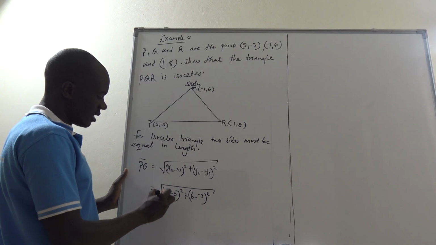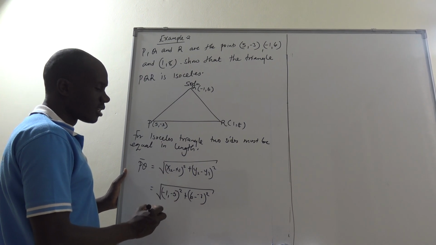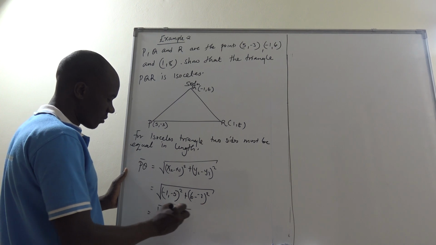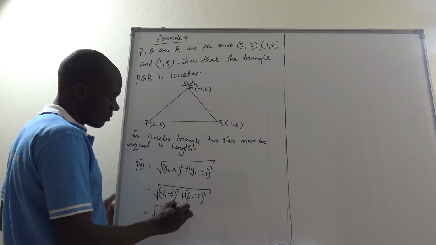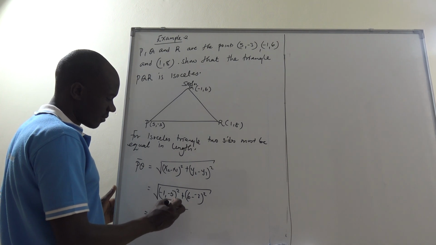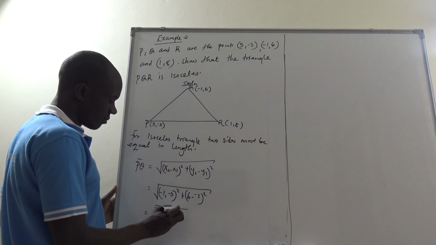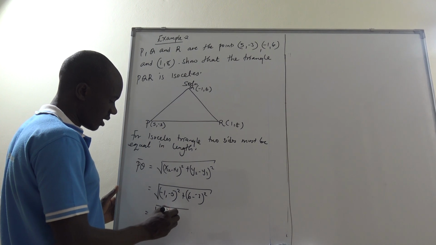So this is -6, and -6 squared we are coming out with 36, plus 9 squared, that is 81.